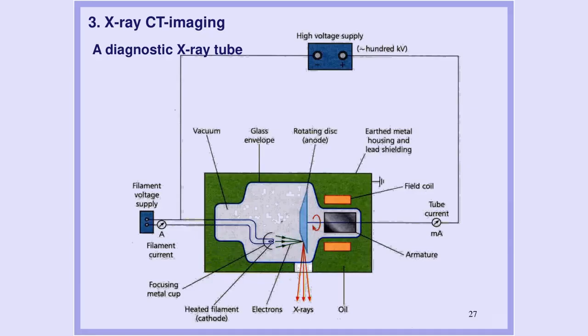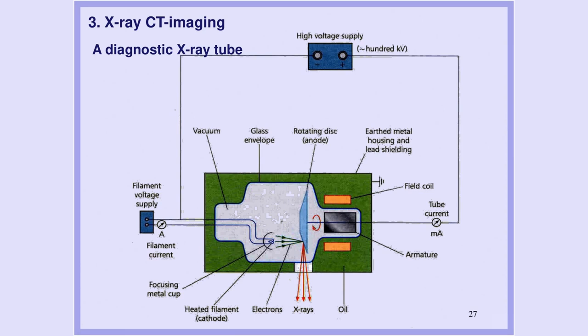In this diagram, you can see the diagnostic X-ray tube block diagram. Diagnostic X-rays are produced by firing high-speed electrons at a metal target in an X-ray tube.